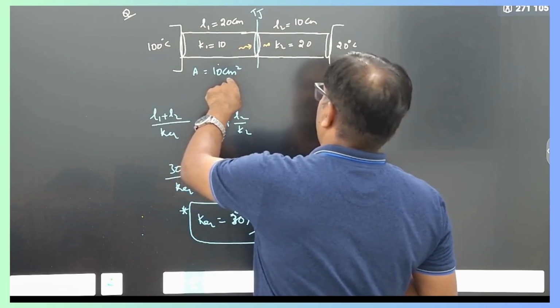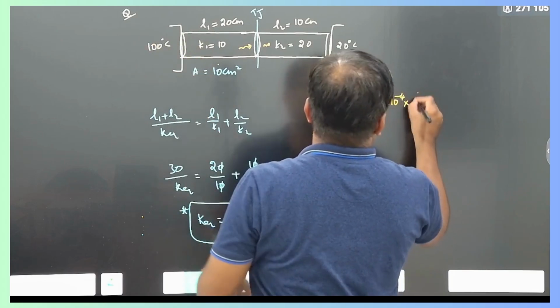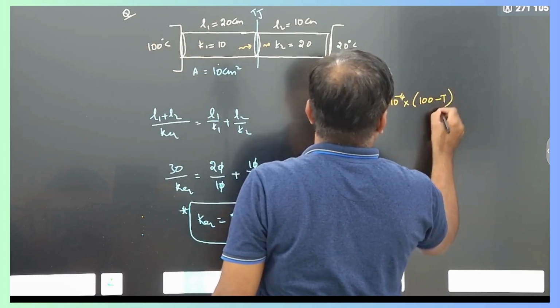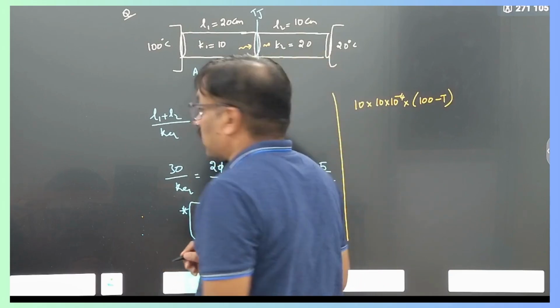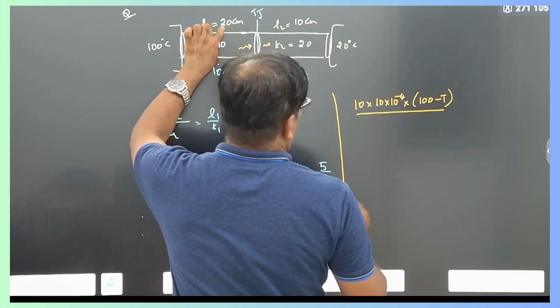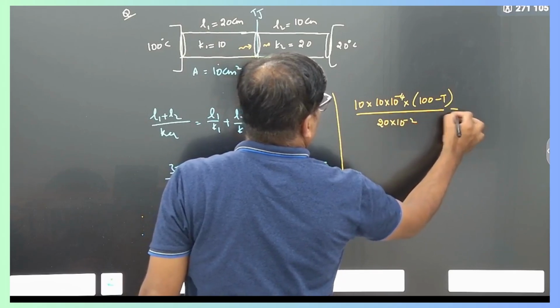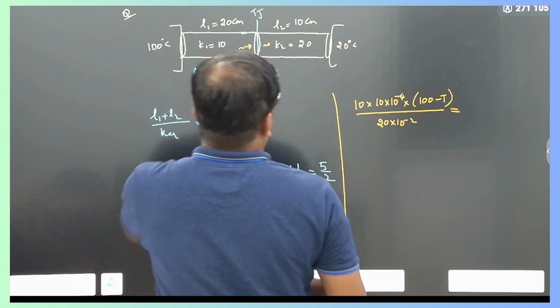10 centimeter square means 10 into 10 to the power of minus 4, area, into temperature difference, how much now? 100 minus T, divided by the length of this one, 20 into 10 to the power of minus 2. This is equal to, so what can you write now here?